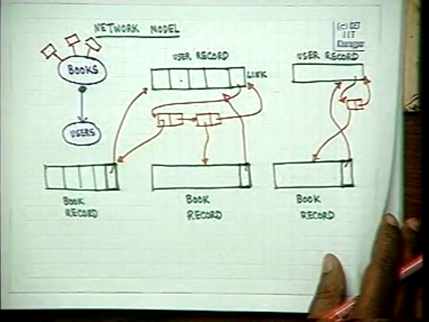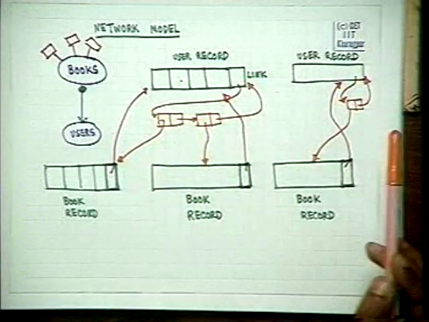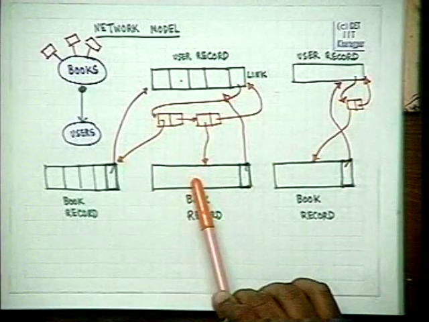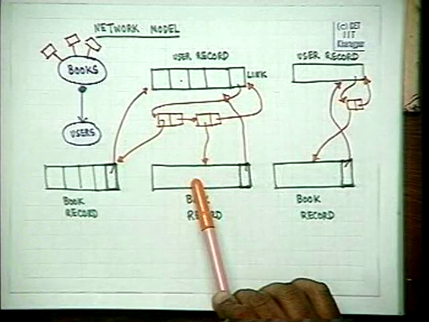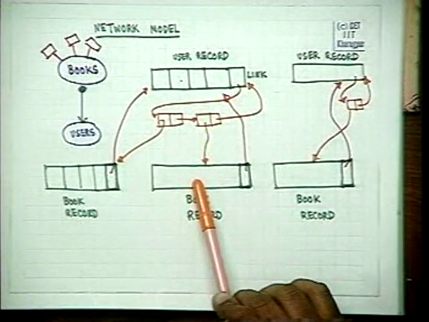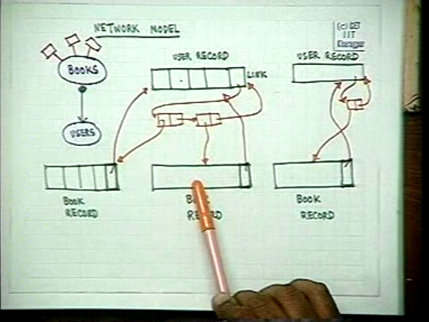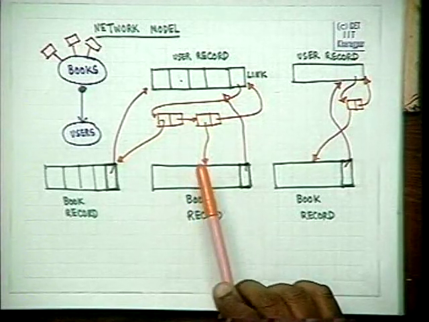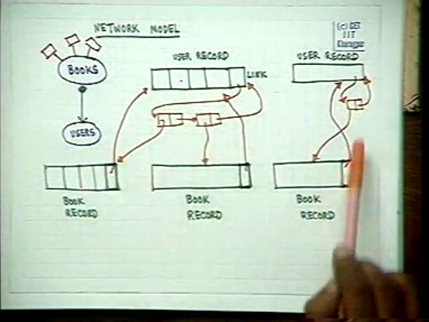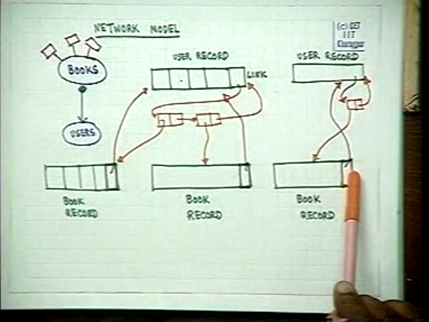If you convert a network model to a hierarchical model, then some records may need to be duplicated. On the other hand, in a network model, since we are putting it as pointers, no records are duplicated.